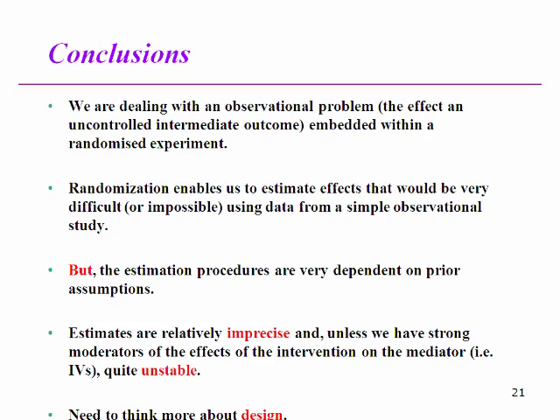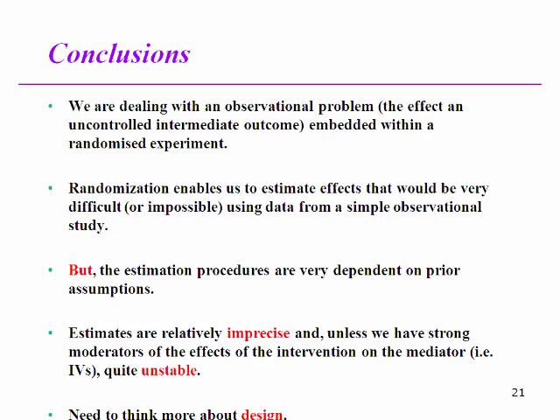The estimation procedures are very dependent on prior assumptions, lots of them. And these are the things that should always be questioned. And I've not shown you any, but the estimates tend to be relatively imprecise. So by making more defensible assumptions, there's a cost to pay.